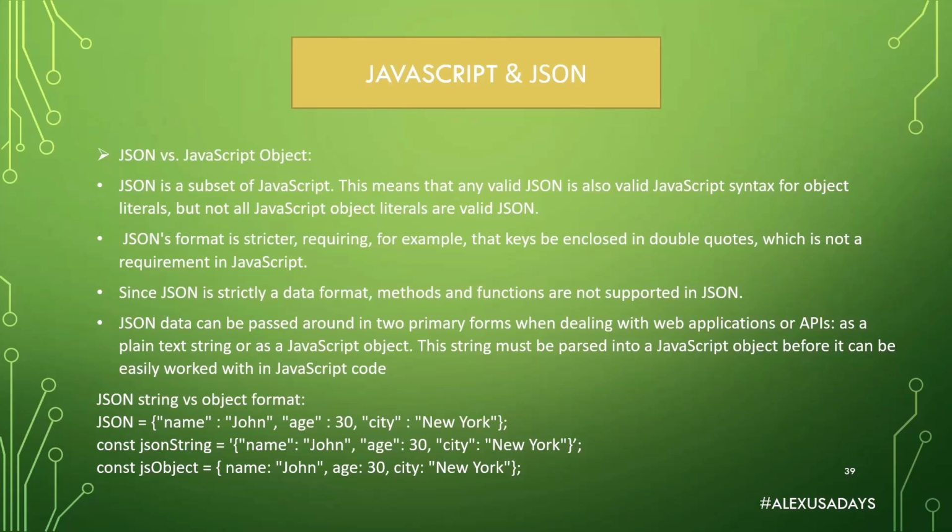Let's take a look here at JSON string versus object format. So first line we have here just the JSON, and we have name in double quotes, John in double quotes, age in double quotes, 30 no quotes because it's a number, city in double quotes, New York in double quotes. So this is just plain JSON. Then we have JSON converted to a string, and you see it opens with a single quote and closes with a single quote.